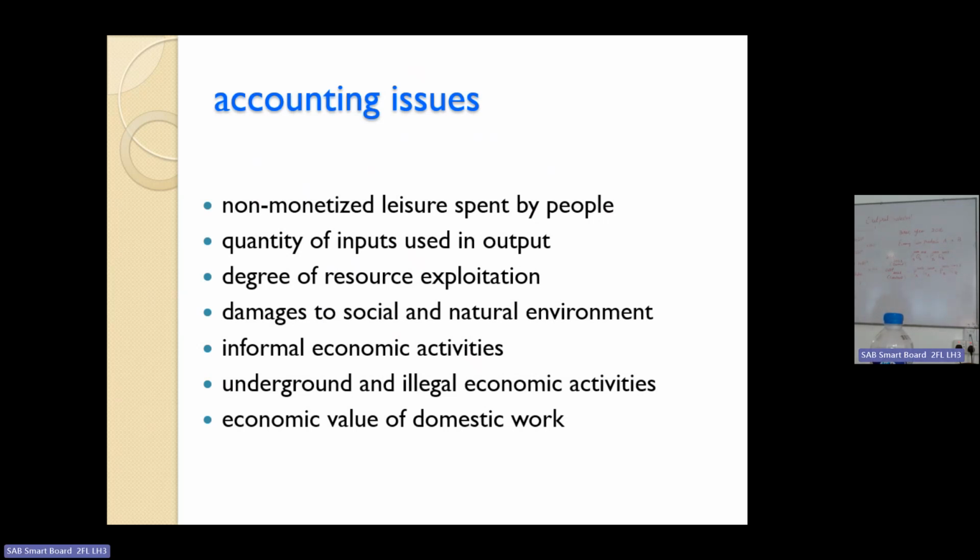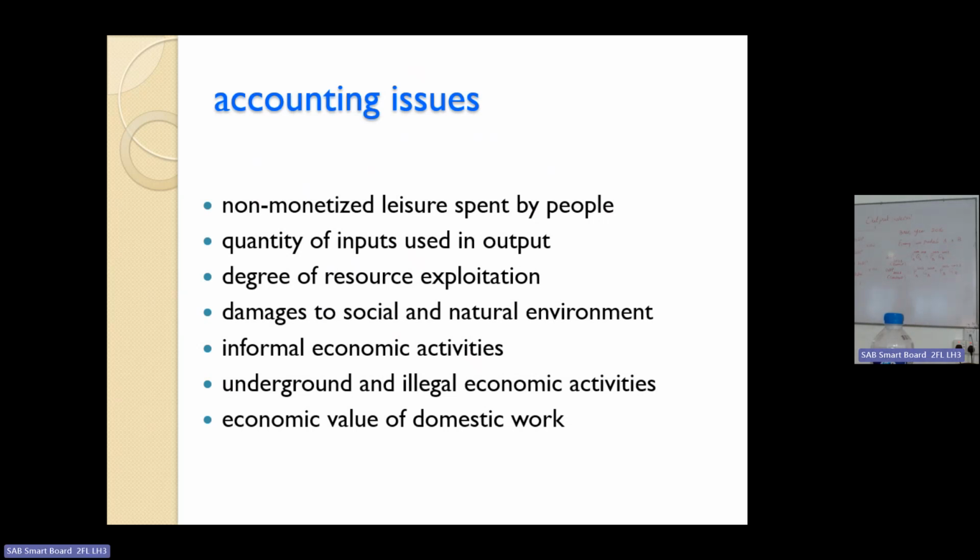But we are not including that in measuring the national income, because it's not in monetary terms. We would have to convert it to monetary terms. The leisure enjoyed by the people is not reflected in the national income.